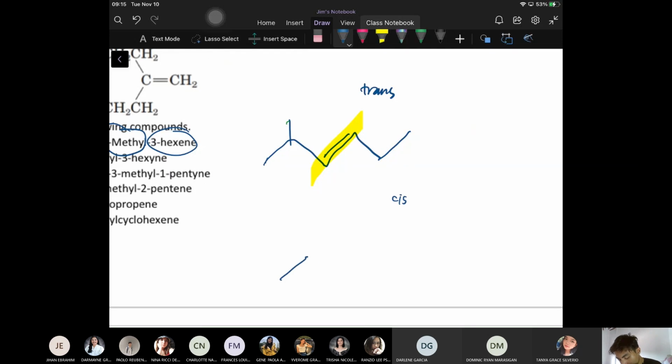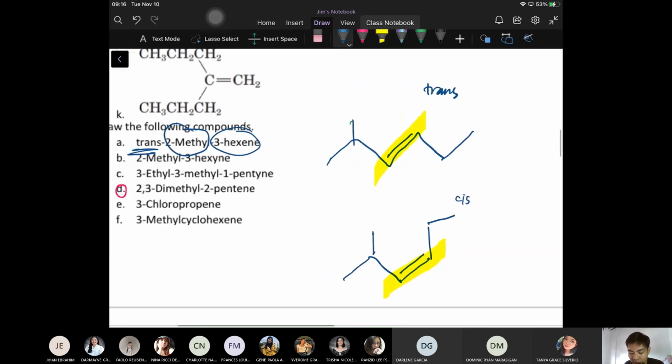So, basically, sa cis, they're on the same side. So, ganito yung itsura kapag cis. Ito yung double bond, para silang nasa taas. Pag trans, yung isa nasa taas, yung isa nasa baba. Okay? Ganun lang.